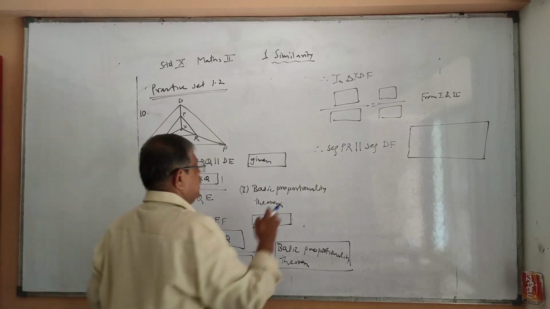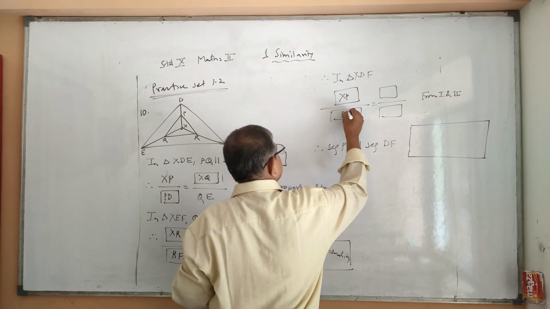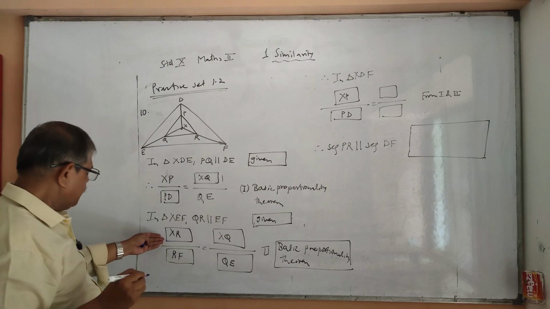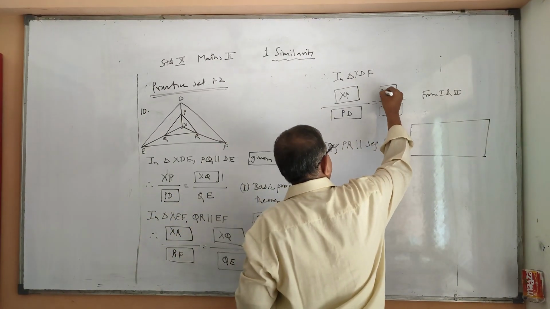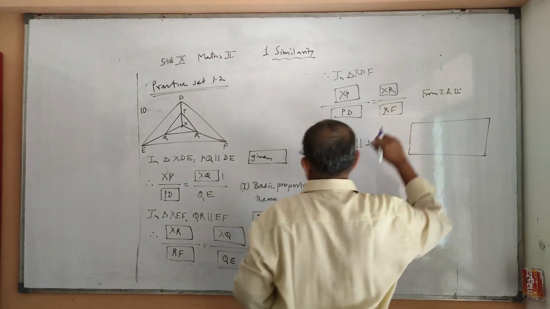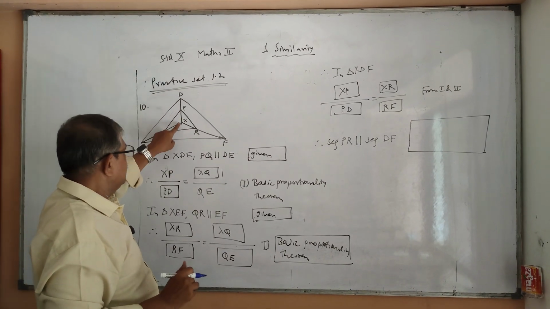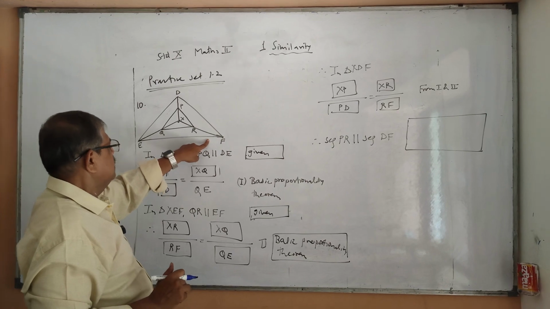So I get XP upon PD is equal to, what is the left hand side of the second statement? XR upon RF. XR upon RF from 1 and 2.